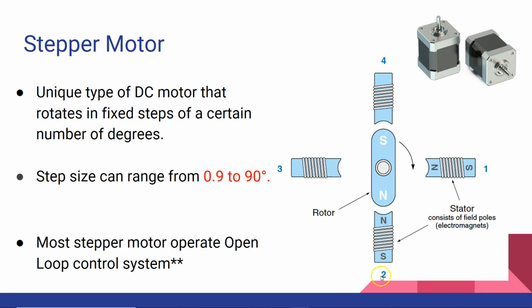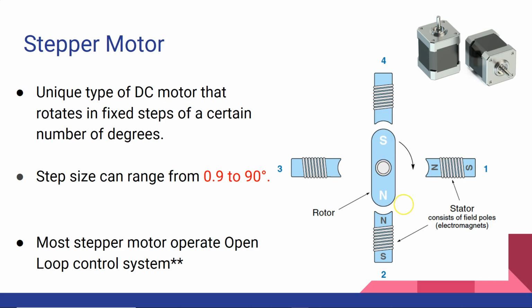And here on the picture, it shows the basic stepper motor, which consists of the rotor and the stator. So this center part is your rotor, and these four are the stator field poles. The rotor is made up of a permanent magnet, and the stator is made up of electromagnets.